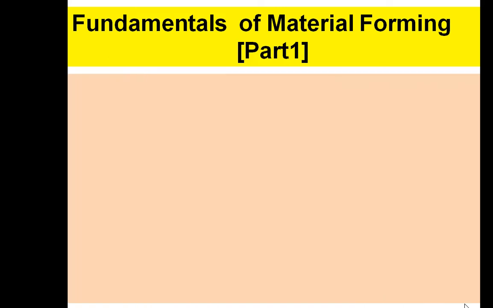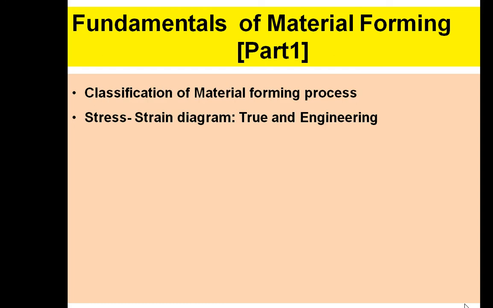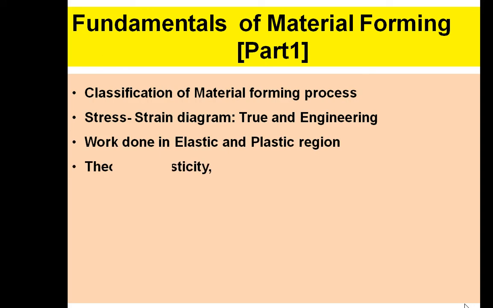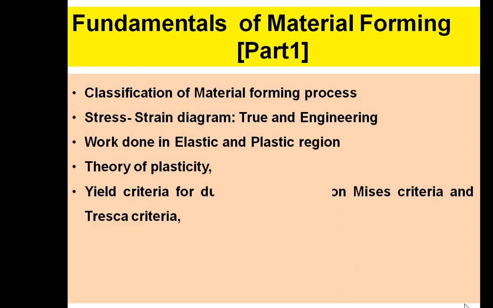In this video, we will learn about classification of material forming process, stress strain diagram, that is engineering stress and engineering strain, true stress and true strain. Then we will discuss about work done in elastic and plastic region, theory of plasticity, yield criteria for ductile material.